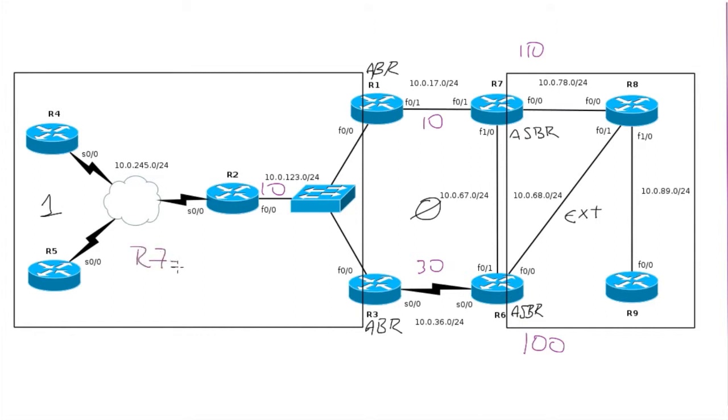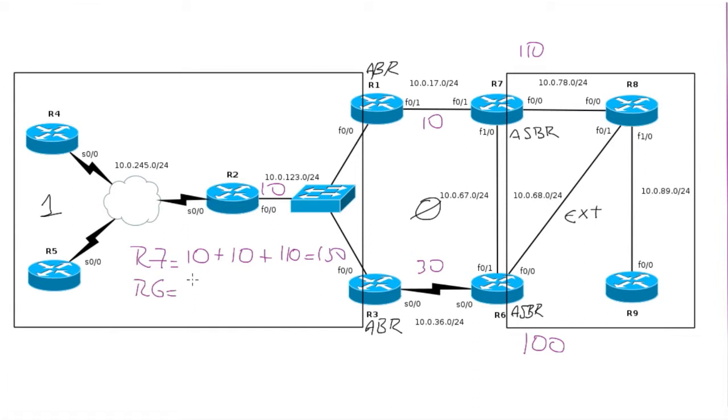So basically, R2 is going to be saying, okay, the cost to reach my ABR is going to be 10, and it's reporting that it has a cost of 10 to reach the ASBR, and the metric that's actually been injected is 110, so that gives me a grand total of 130. And going via R6, same thing.